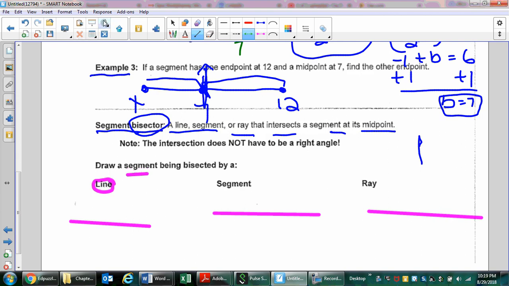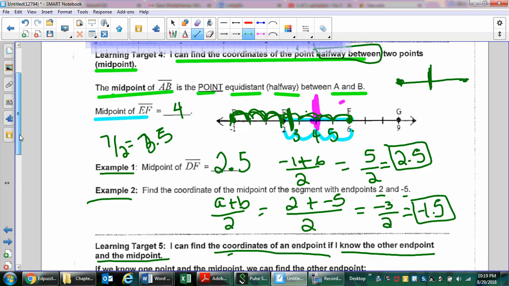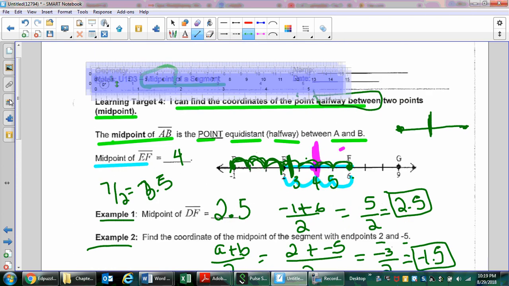I don't want to take too long trying to use the ruler. Where is the ruler? All right, come on, ruler. Usually it goes on the top. It's kind of hard to do it here.